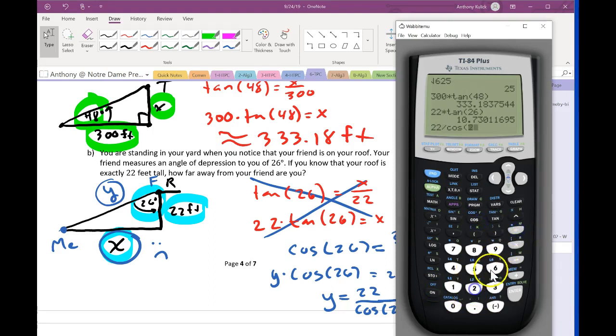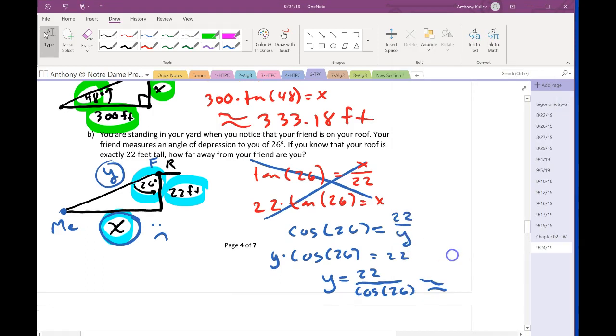So you gotta make sure that you read those problems and understand what they're asking for. There we go, my friend is 24.47 feet away from me. Does that make sense? Well, the hypotenuse is the longest side. We found this other side was 10.7, we did that on accident. And hypotenuse 24.4 is bigger than 22, so it's definitely the longest side. So that seems to make sense to me, so I'm going to go with it.